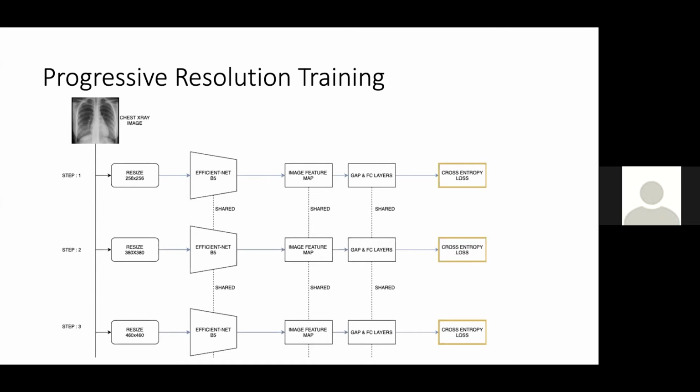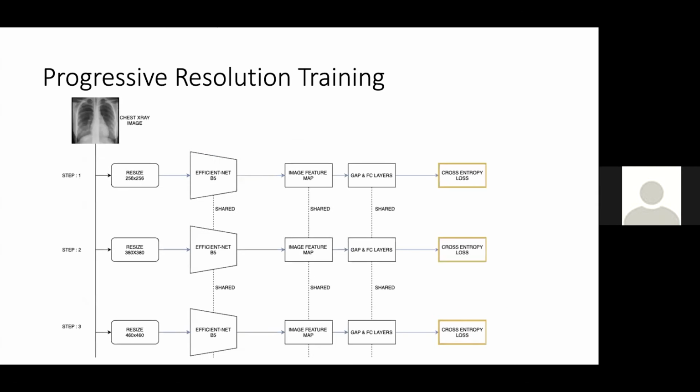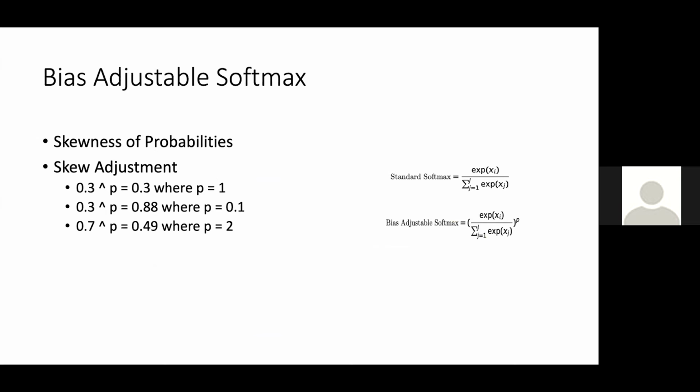Then we gradually increase the size of our images, 460, then 512, and then 640. So by doing this, our model learns by fine tuning on larger images. First we tune on 256, and then we train on 380 with the same model that was trained on 256.